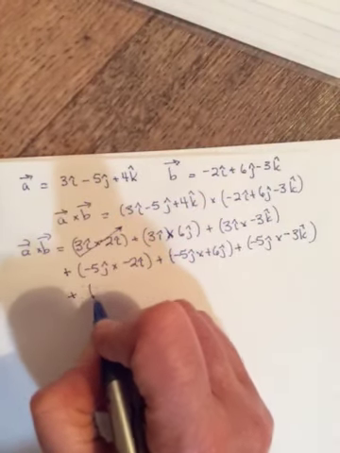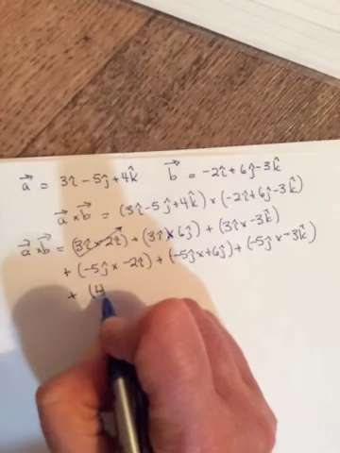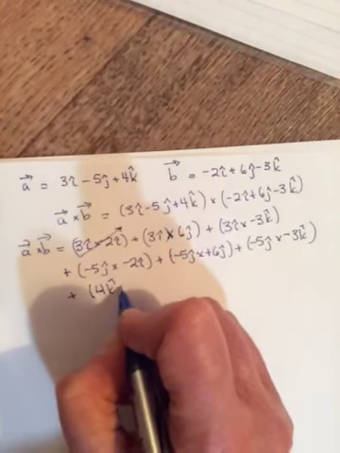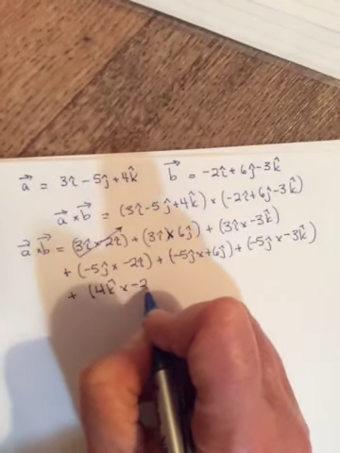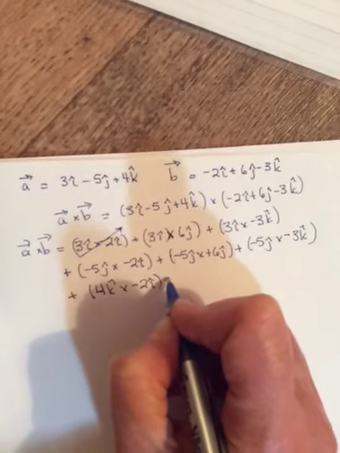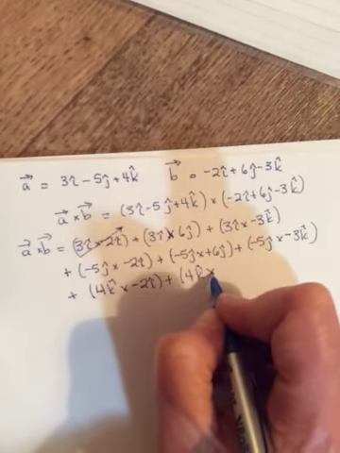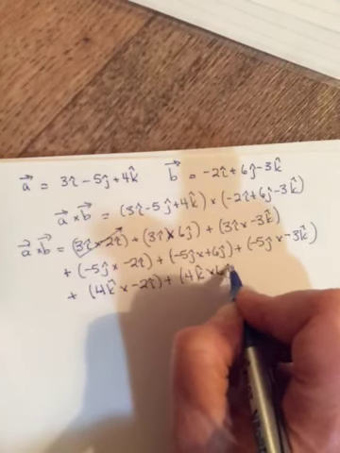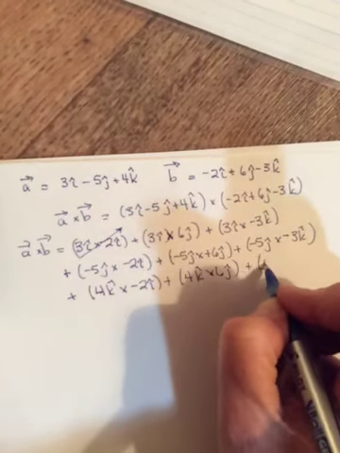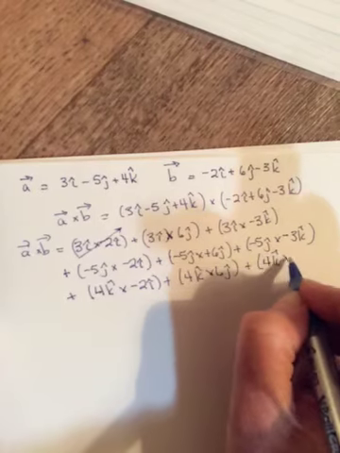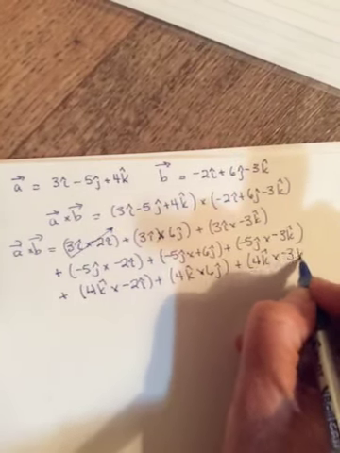Then plus 4k cross negative 2i, plus 4k cross 6j, plus 4k cross negative 3k.